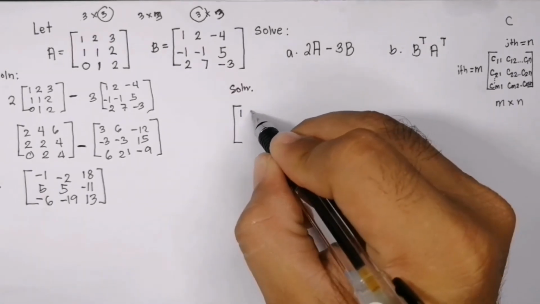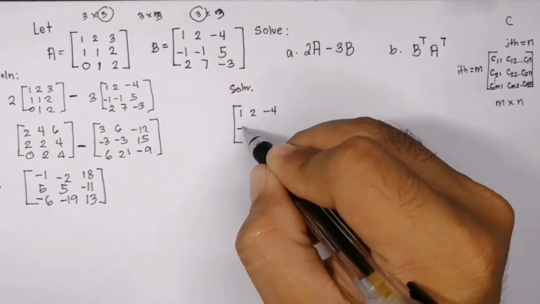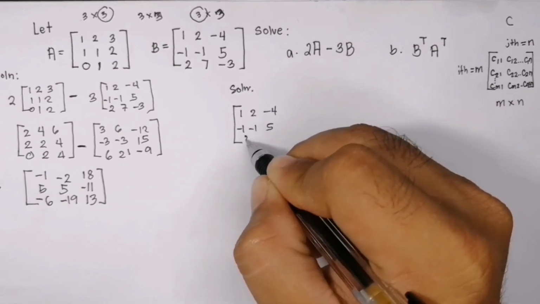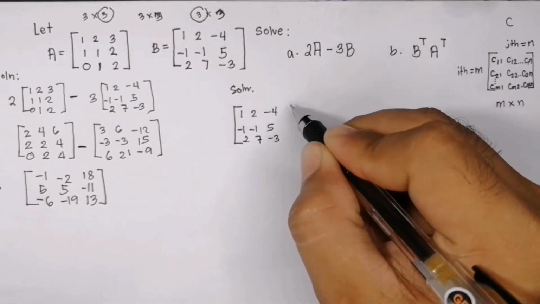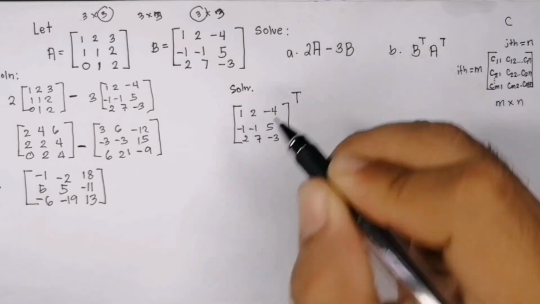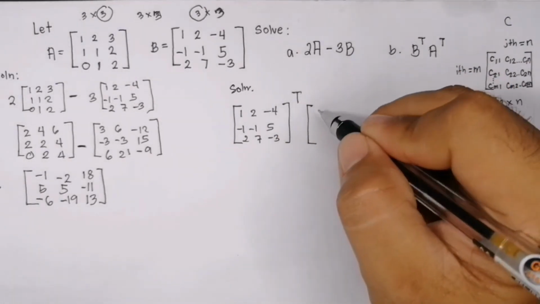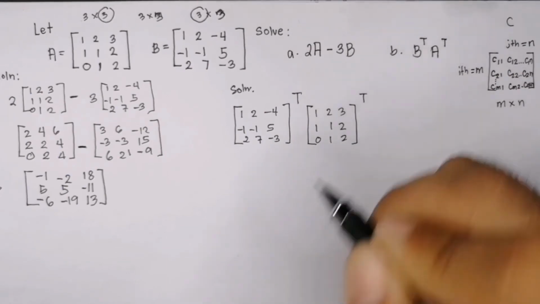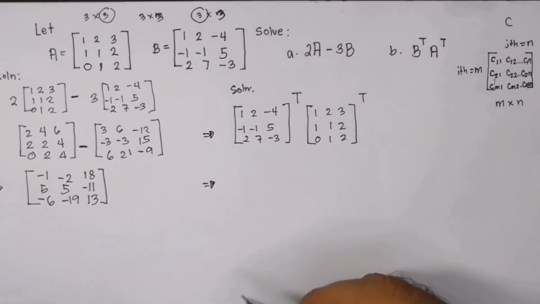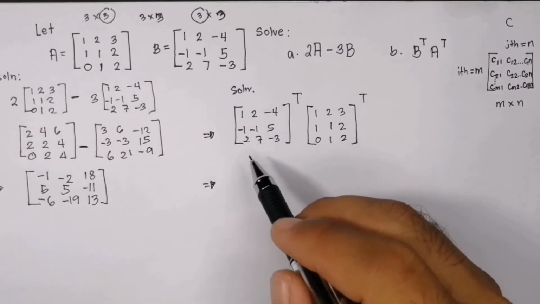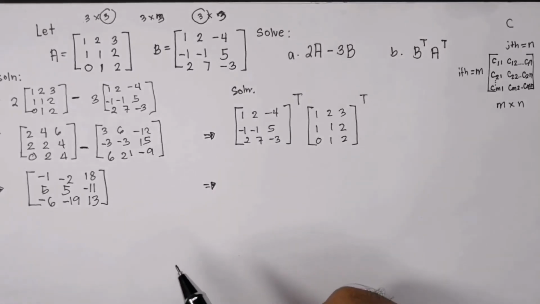B has 1, 2, negative 4, negative 1, negative 1, 5, 2, 7, negative 3. Put it here as transpose. So we have also A, we put it here as transpose. As I told you earlier, we're going to change the order of the values inside the matrix.